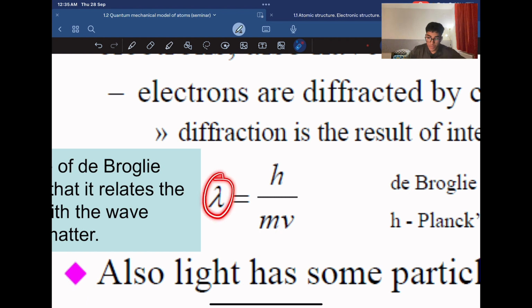To calculate the wavelength, I just need h, which is Planck's constant, and then mv, which is the mass and the velocity. Mass of this, I know, it's about a kilogram. Velocity depends on how hard I throw it, and then I'll get its wavelength. So you can see everything has a wave.